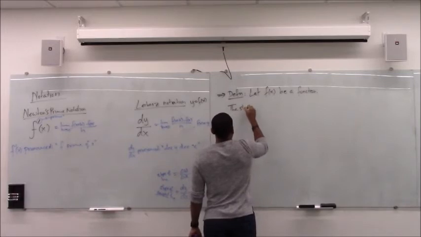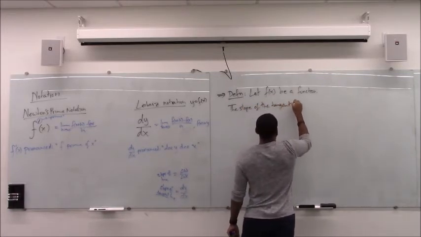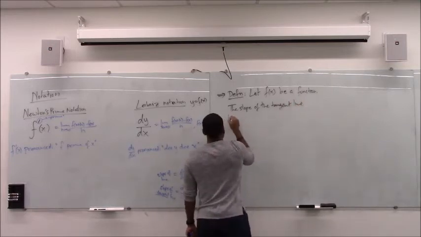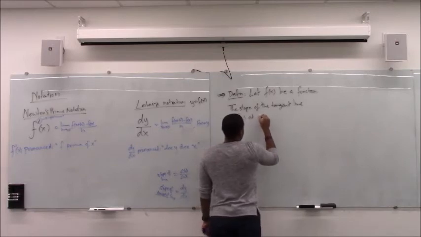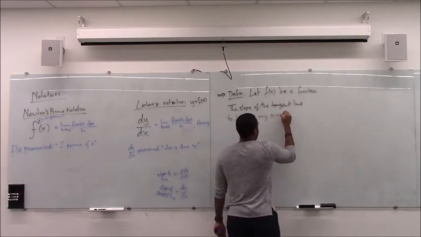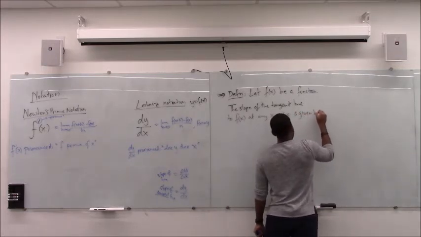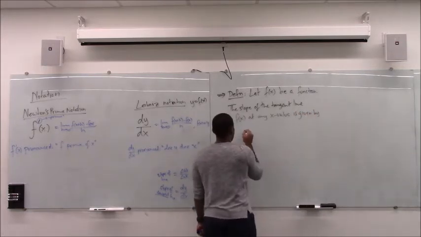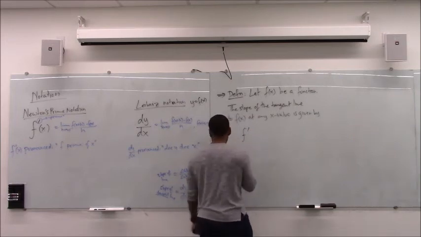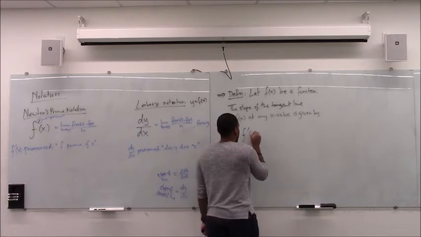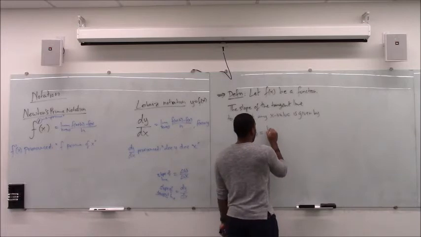The slope of the tangent line to f of x at any x value is given by, I'm going to use Newton's notation. A lot of times I'll actually just use Newton's notation because it's easier to write down. Not because it's necessarily more correct, but it's just easier to write down a lot of times. It's given by this expression.